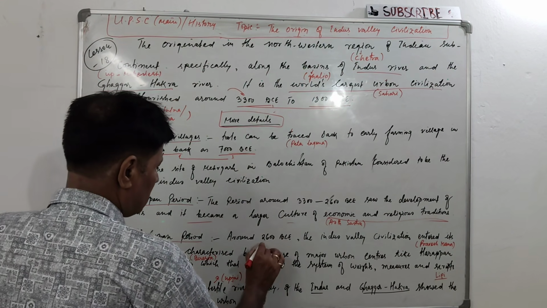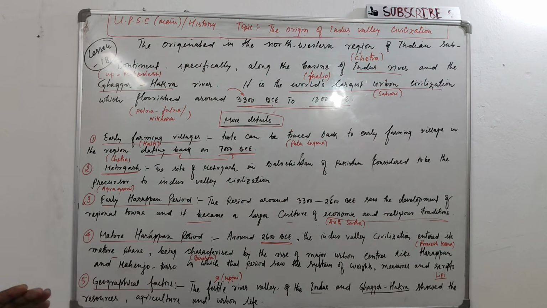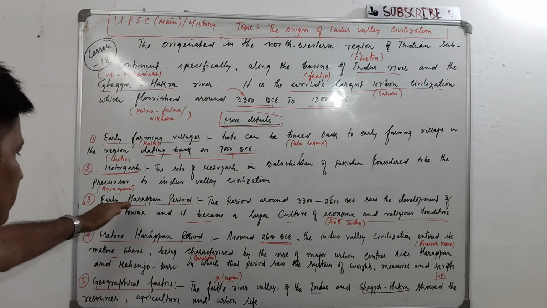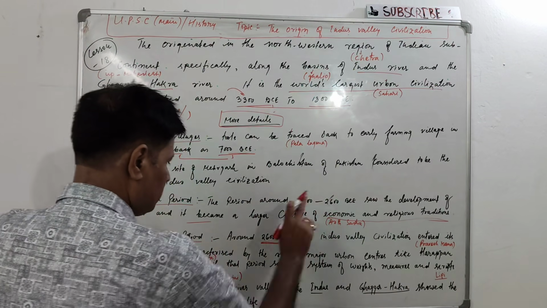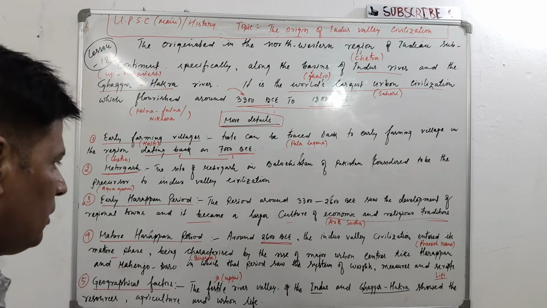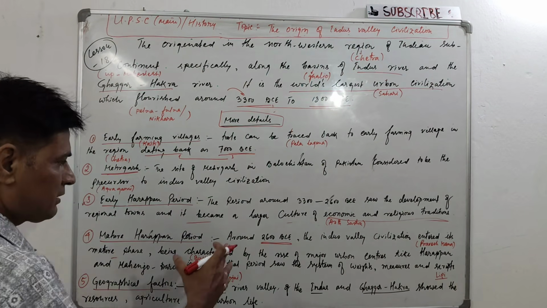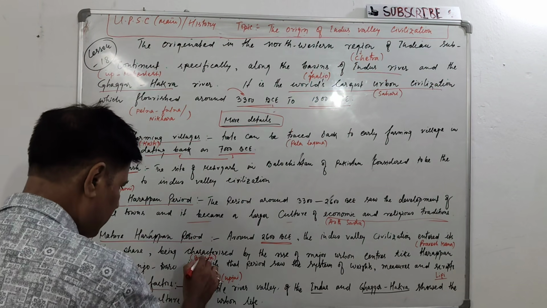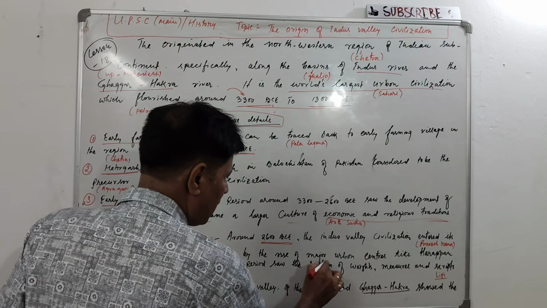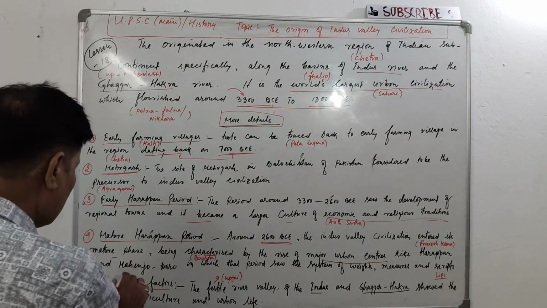The early Harappan phase is 3300 BCE to 2600 BCE, but around 2600 BCE the mature phase started, characterized by the rise of major urban centers like Harappa and Mohenjo-daro.